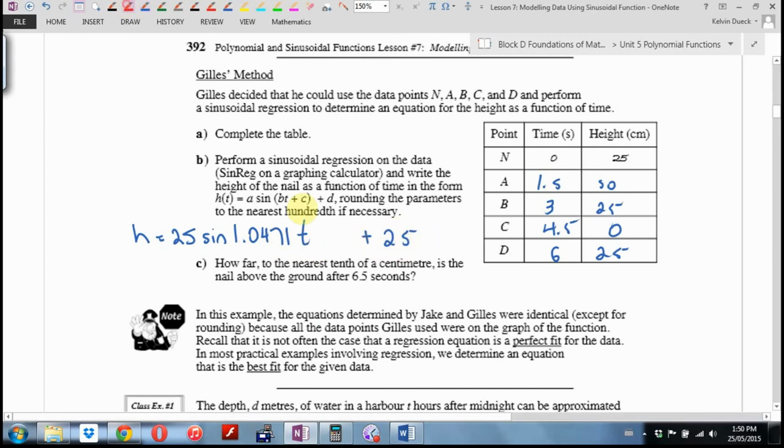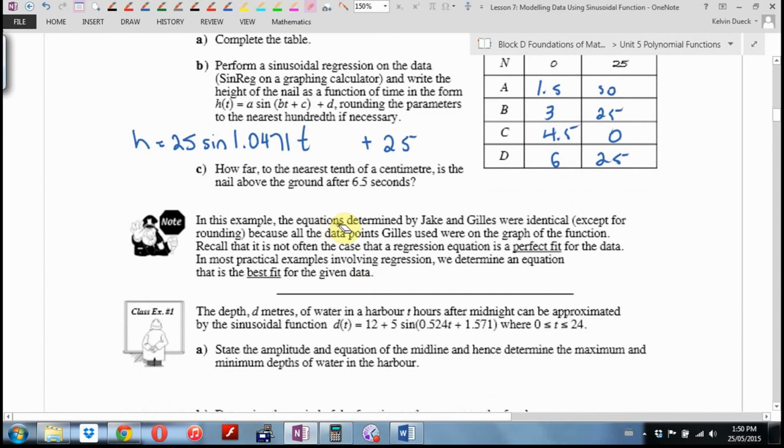Now, there was no phase shift. Some of the graphs that you're going to be doing today will also have a number there, a plus C. So you'll copy that out in your equation if you need to. Okay? We didn't get a phase shift this time. And then C says how far after 6.5 seconds. Same way as we found it, we used a y-calc value. Okay?